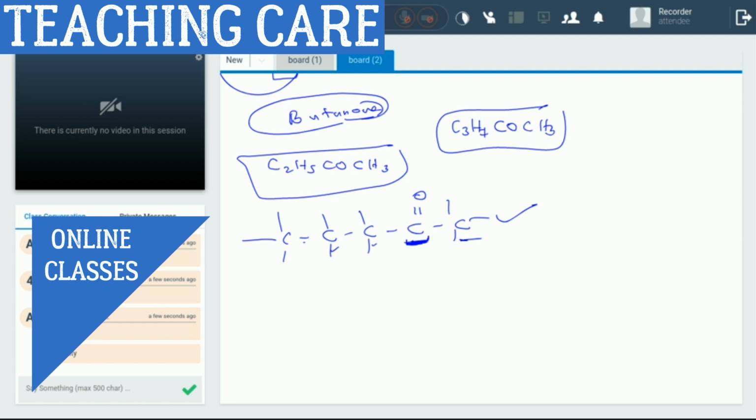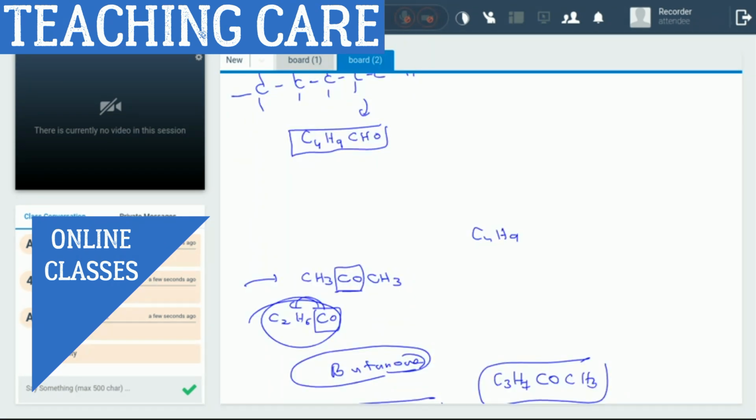Can you make a structure for me? Hexanone. Sure. The structure for hexanone would be C4H9COCH3.